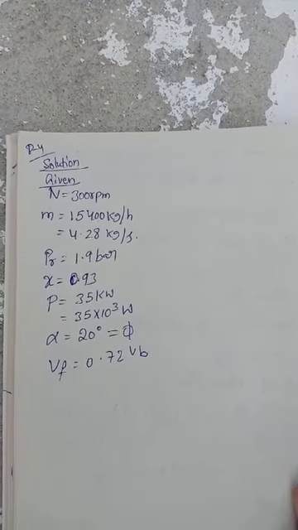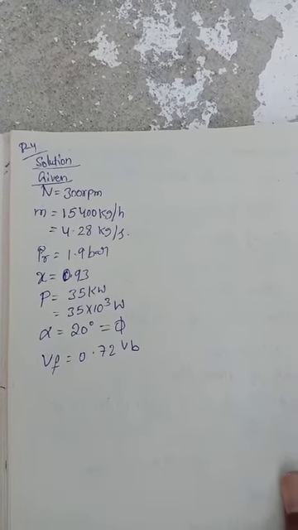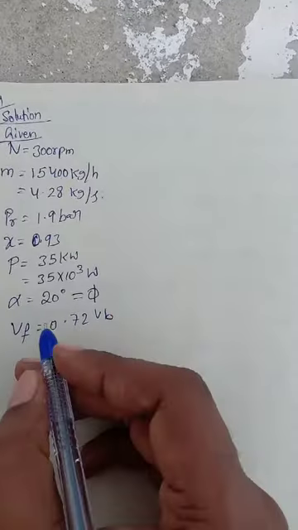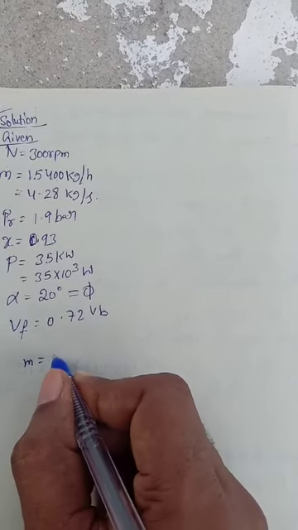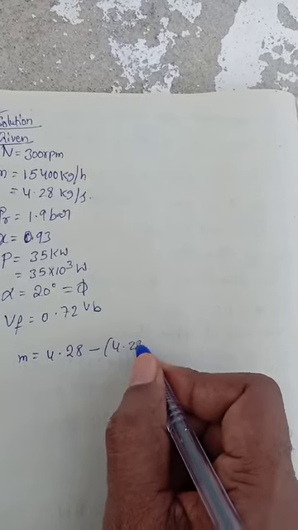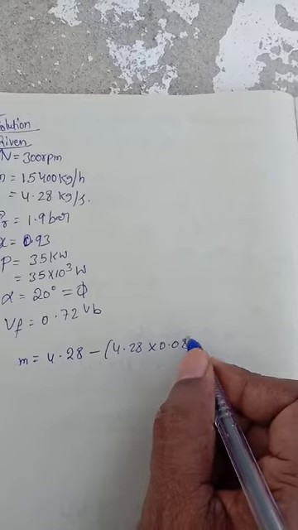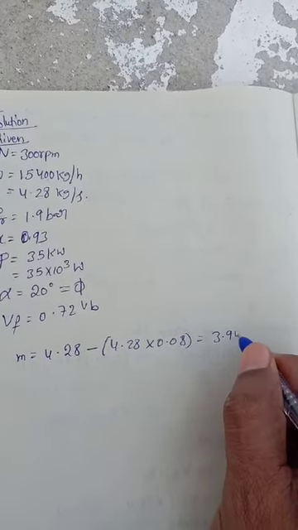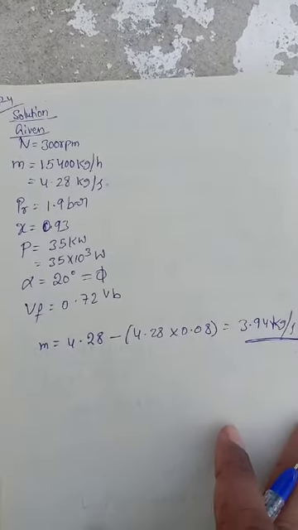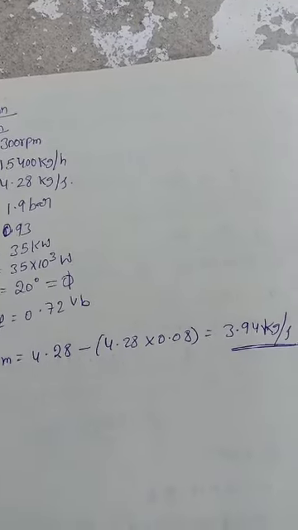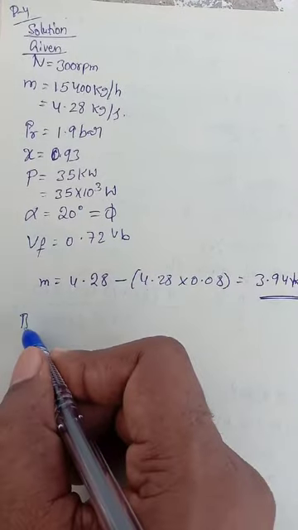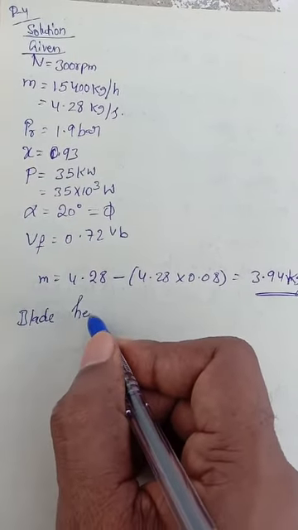And here one point is there. Since the tip leakage is 8%, the actual mass of steam flowing over the blade, that is m, is equal to 4.28 minus 4.28 into 0.08, so that is equal to 3.94 kg per second. Now the first point we need to find is blade height.